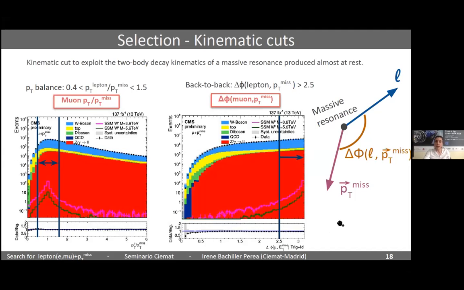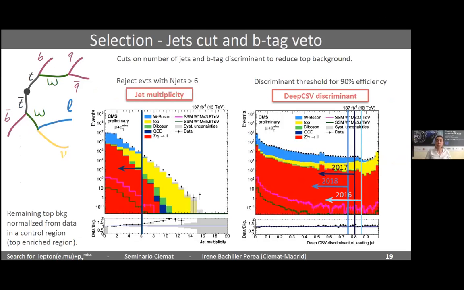The final cuts that we apply are in order to reduce the top background. In the top process, there are many jets produced, and some are also b-tagged jets. So we use this to cut first on the number of jets. You see the top background that is shown in yellow is mostly at a high number of jets.